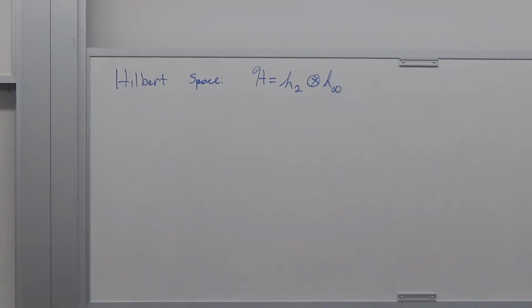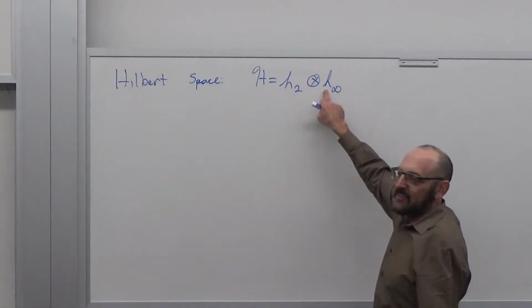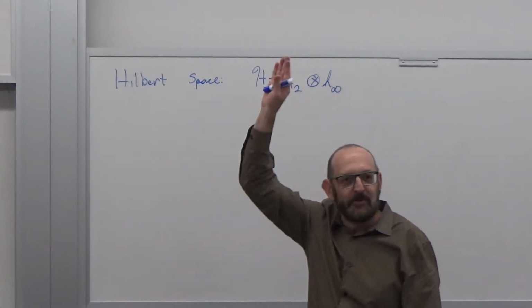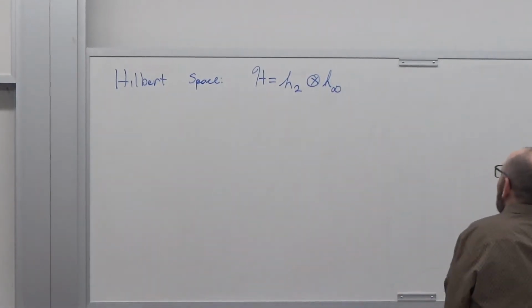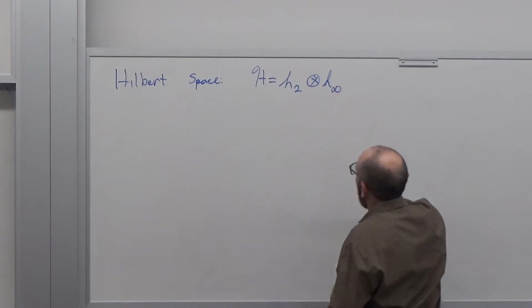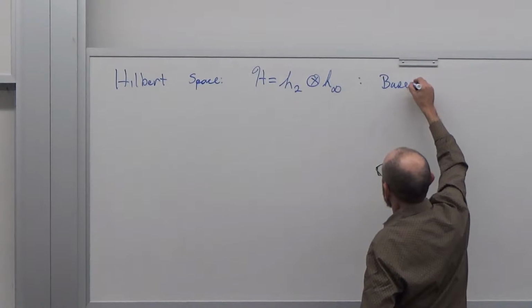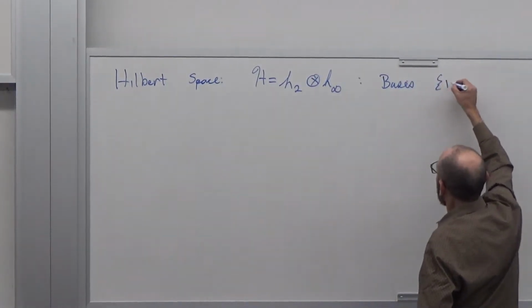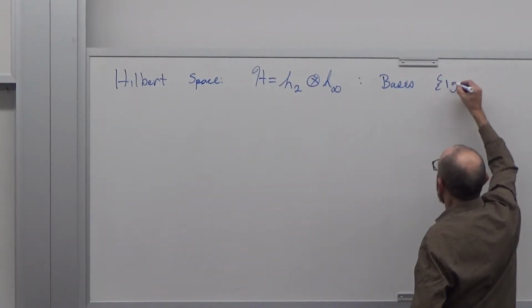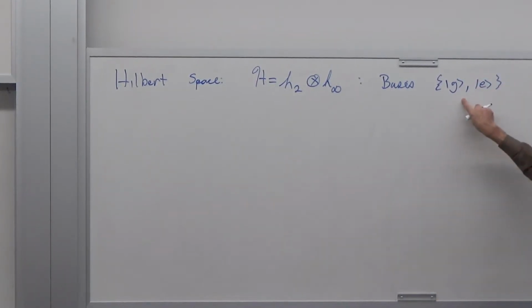Right. So what I was saying is the Hilbert space is the Hilbert space of the two-level system, and the infinite dimensional L2, square normalized functions on the line, right? So a basis for that Hilbert space is the tensor product of, say, the basis of the atom and the Fock states.